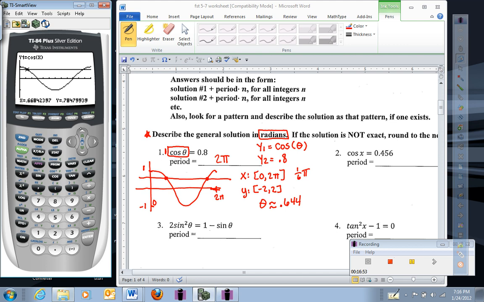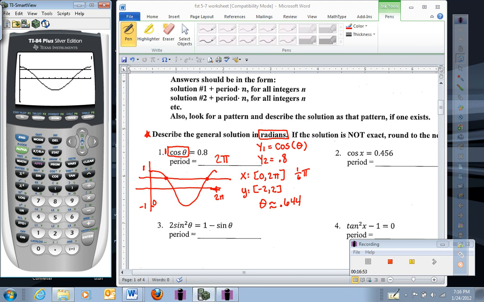Okay, now I want to get the other point of intersection. So I'm going to hit my trace button. I'm going to go across here on my straight line, not my curve. Okay, and now I'm going to go second trace, number 5.